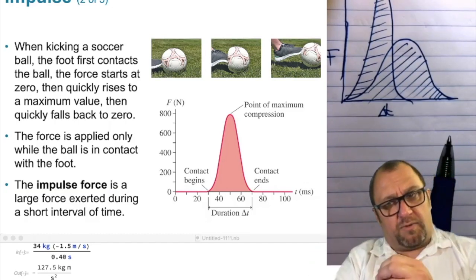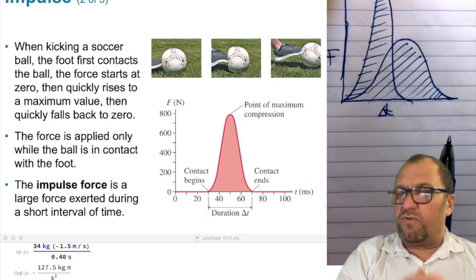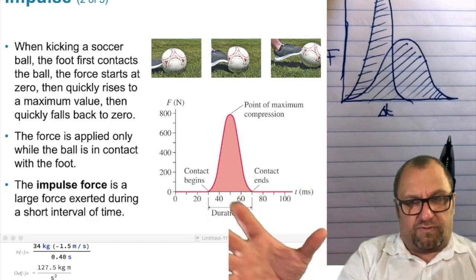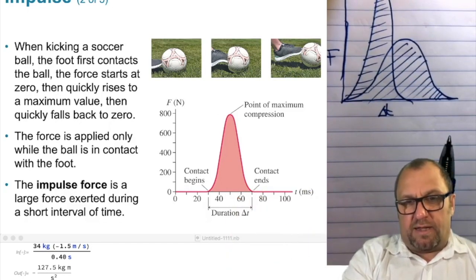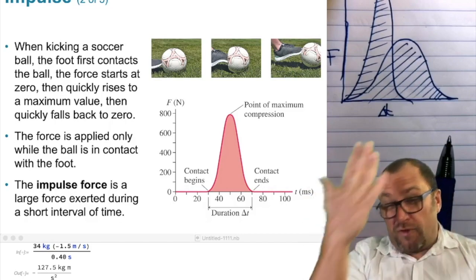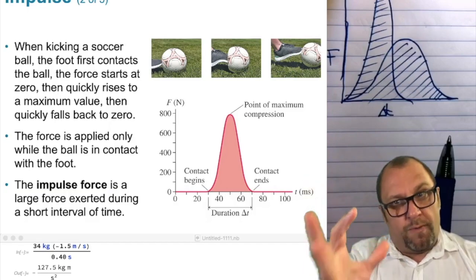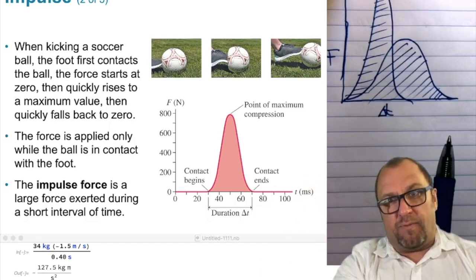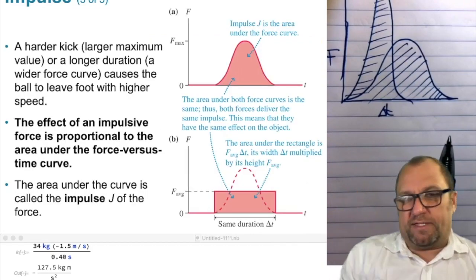Before that soccer ball hits your foot, there's no force. After it leaves your foot, there's no more force. Then it's just flying through the air. But here, this is the time when the foot is in contact with the ball. It's also when your face is in contact with that squishy foam on your dashboard, or maybe the airbag in your car. So you want to increase that time.